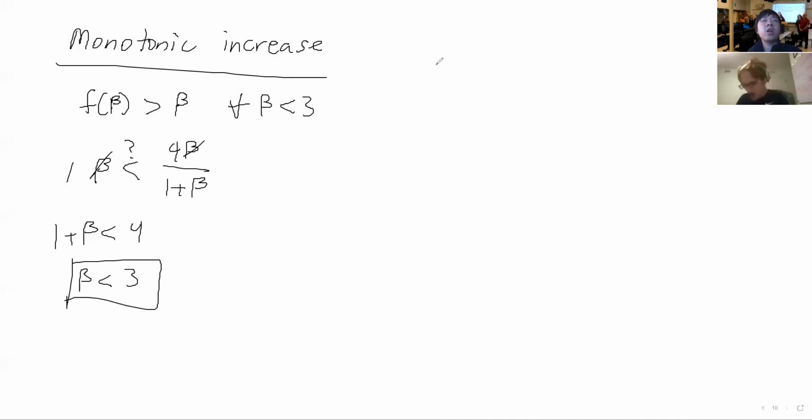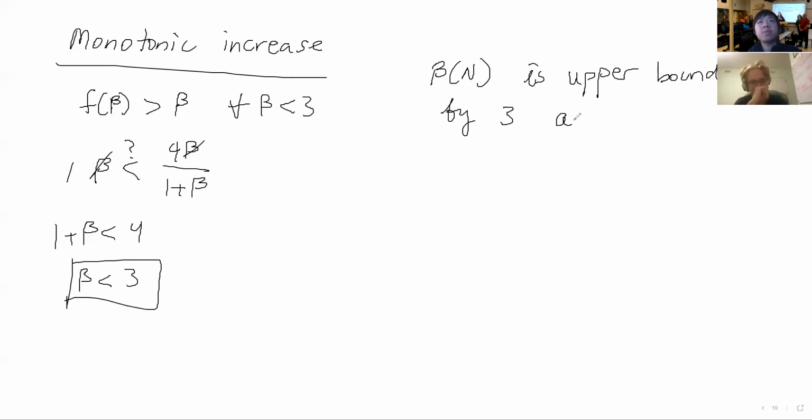So from this, we know that beta of n is upper bounded by 3 and is also monotonically increasing.